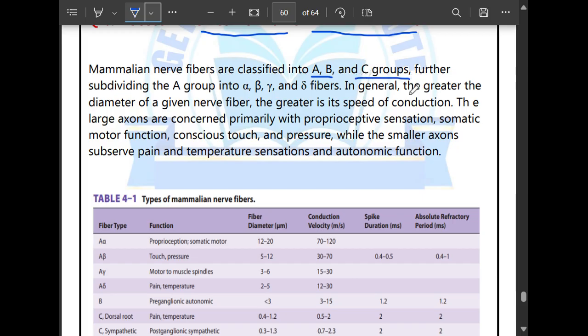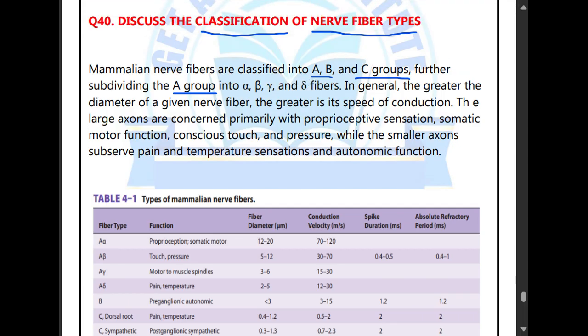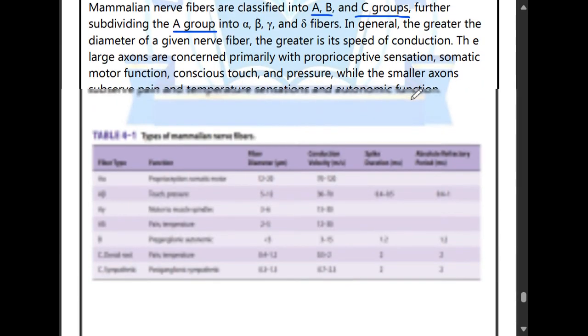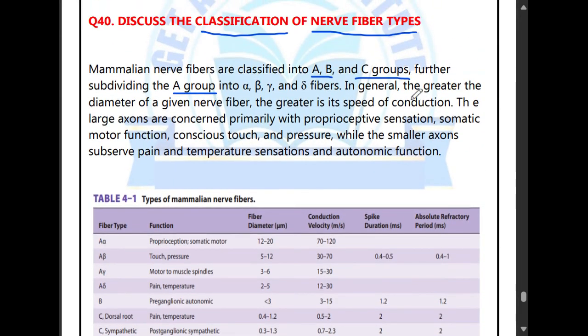Further, group A is divided into alpha, beta, gamma, and delta fibers. In general, the greater the diameter, the faster the conduction. Remember, we've already established which one was faster between myelinated and unmyelinated neurons?